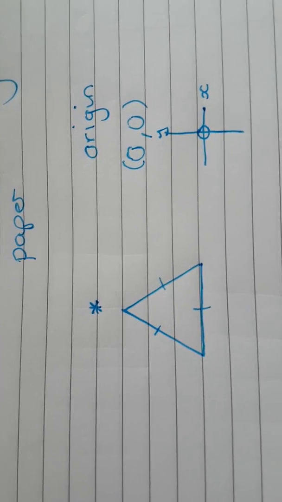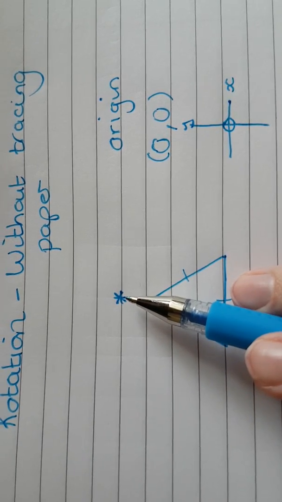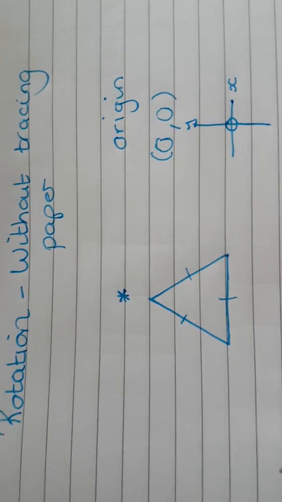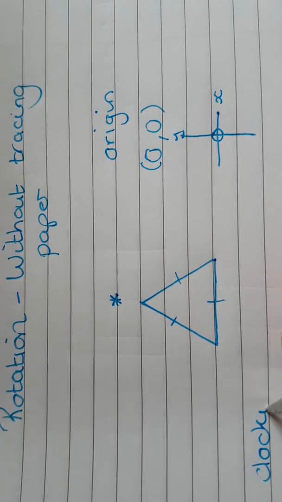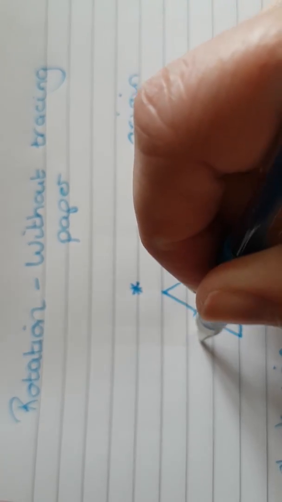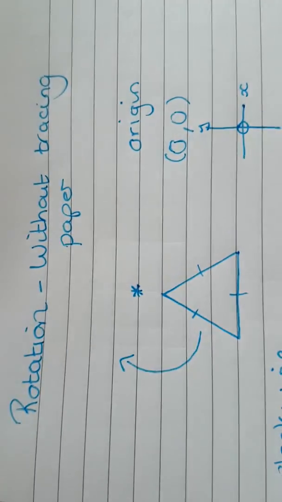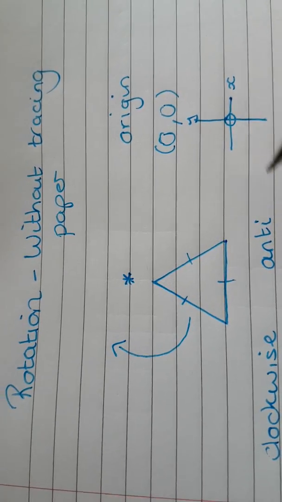When you come to read the question and you've plotted your centre of rotation, you need to highlight the direction you have to turn in. Please remember that clockwise, if you think of a clock, will turn your shape in this direction. Anti-clockwise goes in the opposite direction.